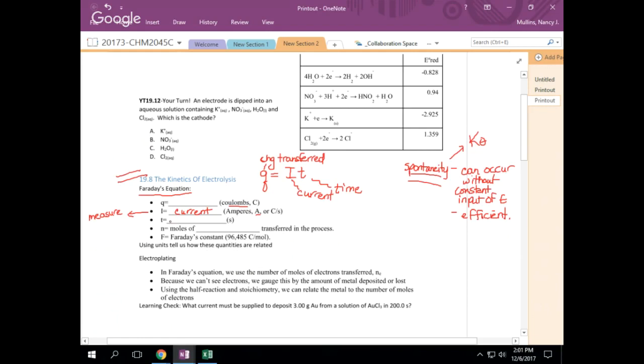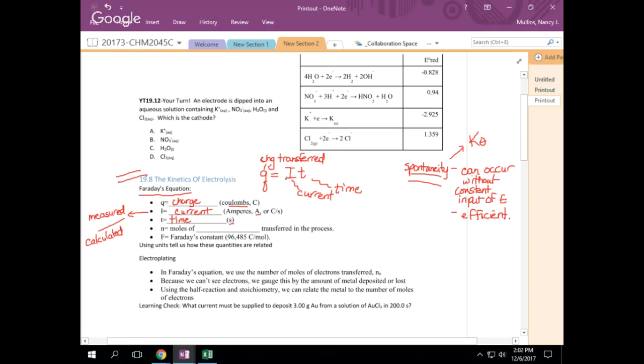So current is something that's either measured or you could calculate it based on data. It tells you how much charge is passing in a given time frame. So Q here is charge, and t is time. And since amperes is in coulombs per second, then time in seconds is going to be important.